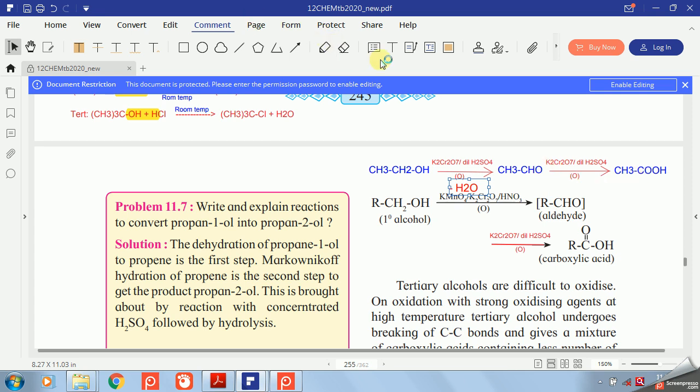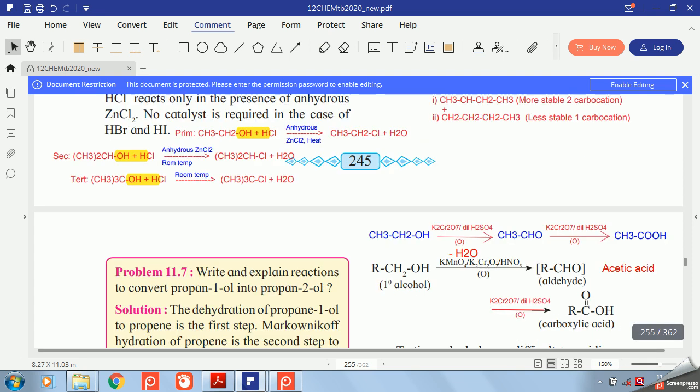So what is the name of the compound? 2 carbon acid. According to the common name system, the name is acetic acid. How many carbons are in your compound? According to IUPAC, when you write the name, ethane is the parent alkane. Replace E by OIC acid.